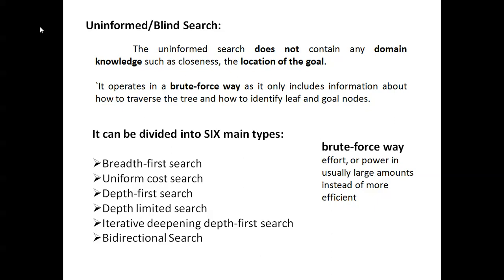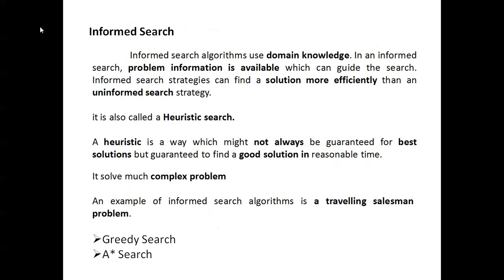This brute force search algorithm can be divided into six main types: breadth first search, uniform cost search, depth first search, depth limited search, iterative deepening depth first search, and bidirectional search. These are the categories we just discussed.